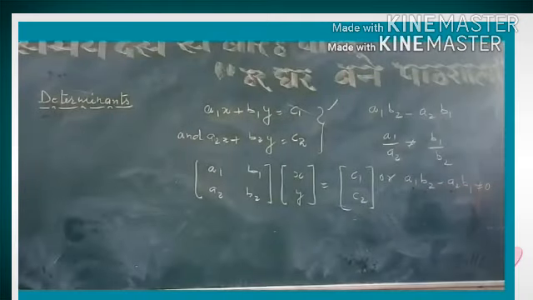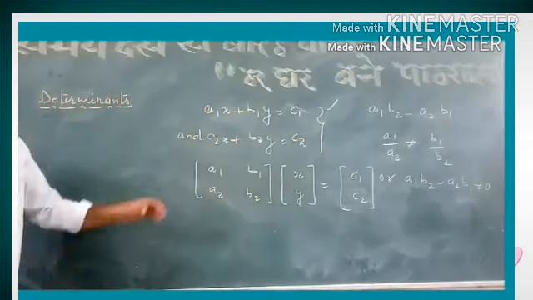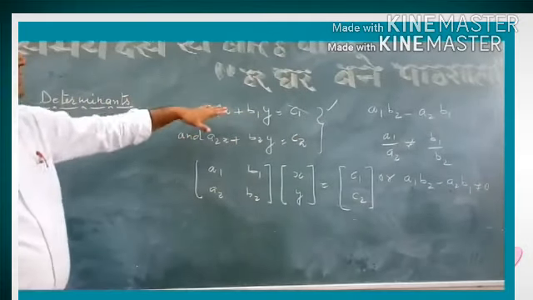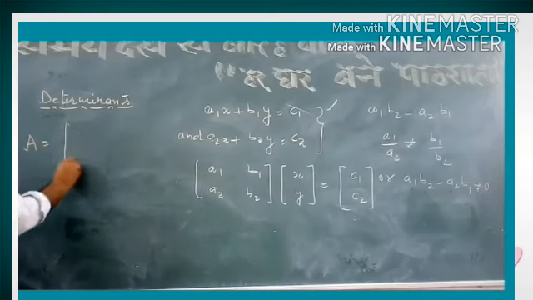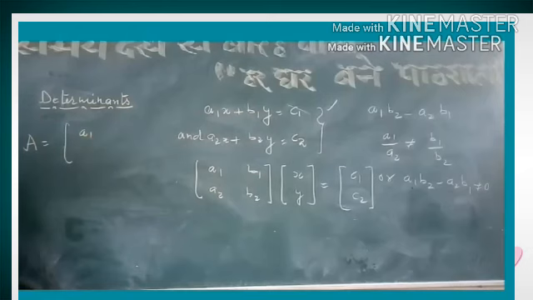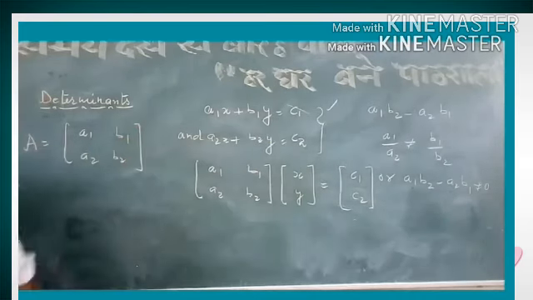Therefore, this number a1 b2 minus a2 b1 determines the uniqueness of the solution of this linear system. This number is associated with matrix A and is called the determinant of matrix A. This is all about the concept of determinant.